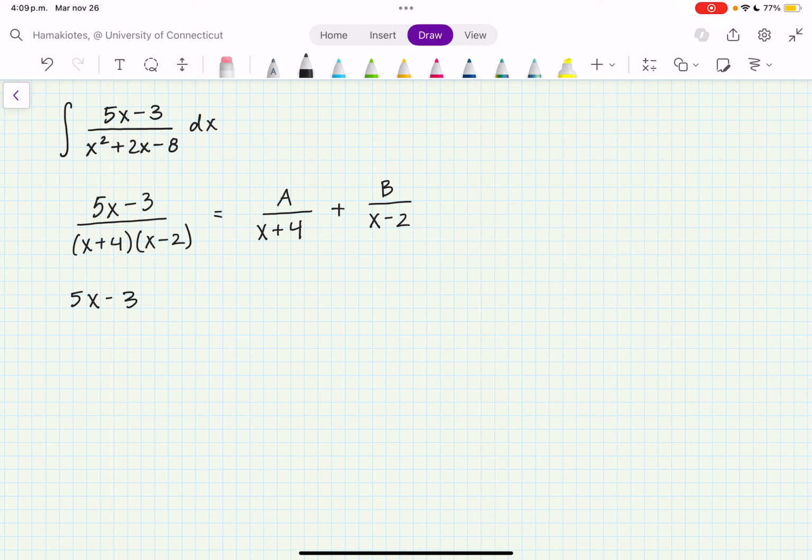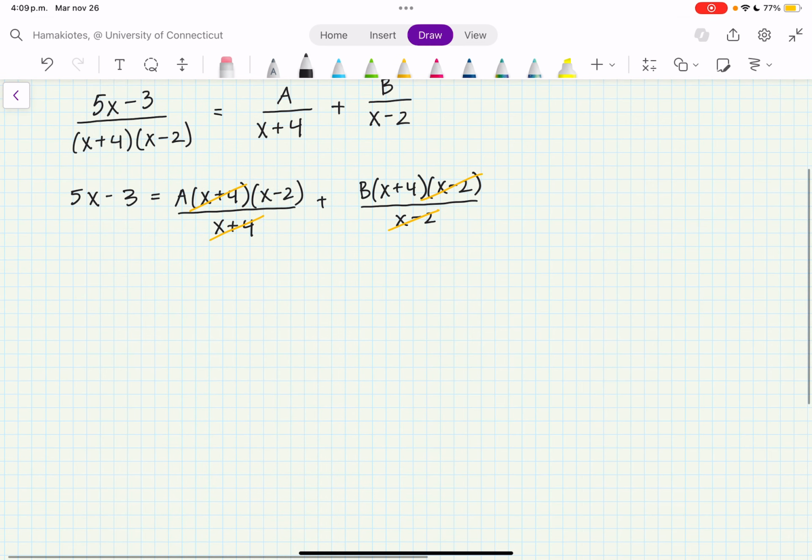So now I'm going to cross multiply by the denominator of the left-hand side. So I get 5x minus 3 equals A times x plus 4 times x minus 2 all over x plus 4, plus B times x plus 4 times x minus 2 all over x minus 2. So we see we have some cancellation here.